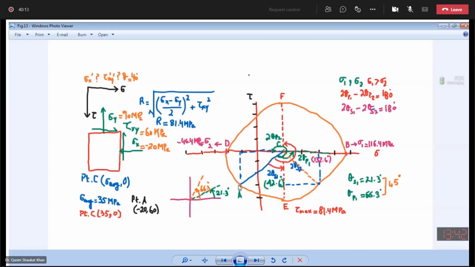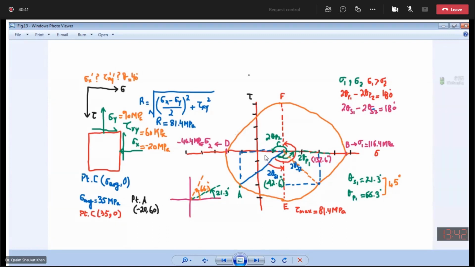Moving from this reference plane CA in the counterclockwise direction towards the plane CE, this is your plane CE, you will get the value of 2 theta S1. 2 theta S1 will be 90 degrees minus this angle.